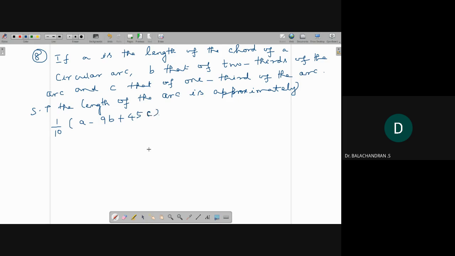Okay, I will just give the idea, so you can also try. We will discuss this problem again on Monday. So I will roughly draw the diagram.